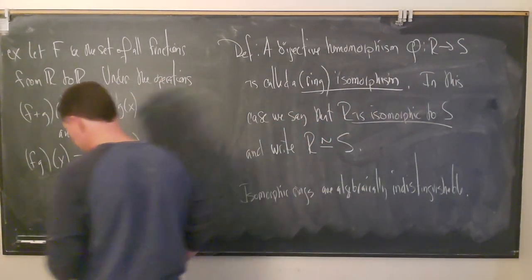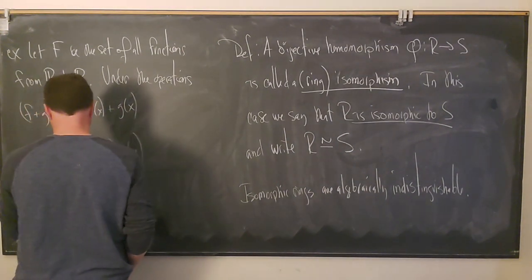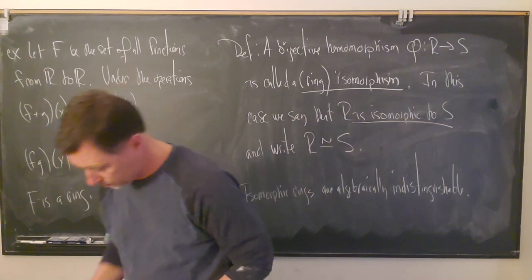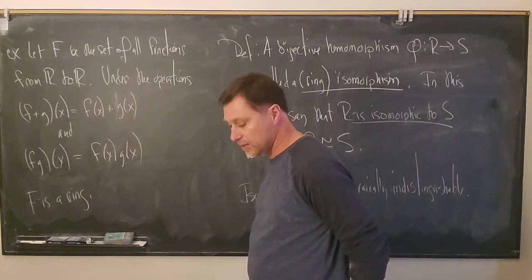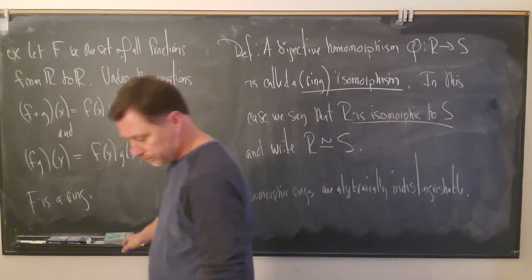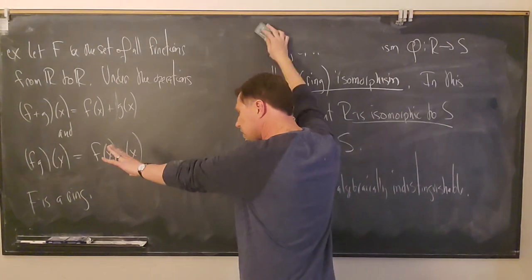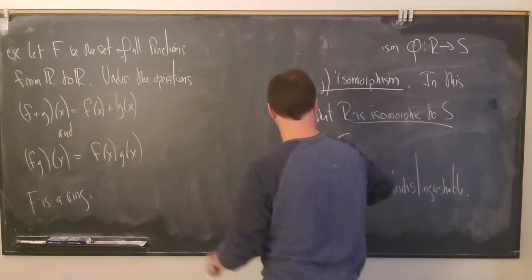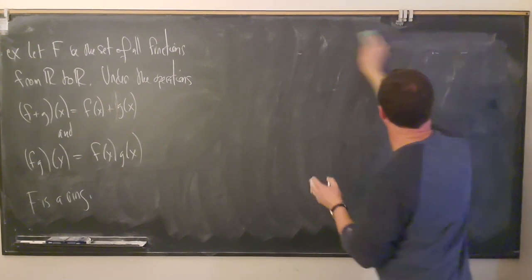So F is a ring. There's some details to check, and I think that's actually going to be on your first homework assignment. For now we're going to accept that we've got a ring, and I want to continue with this example.